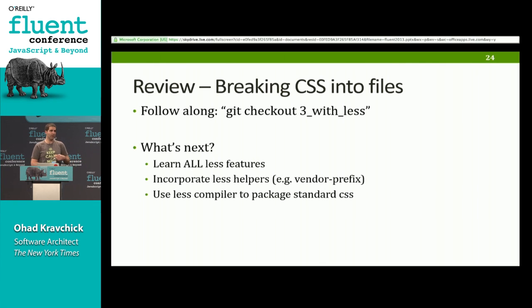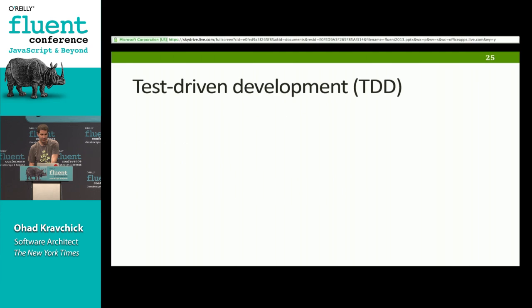In the end, you're not going to care about how Less is implementing that under the hood. All you need to maintain is this one line. And again, when you want to deploy it to production, you can use the compiler and package it all in a regular CSS file.